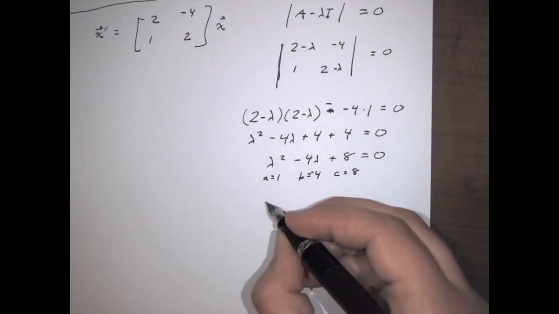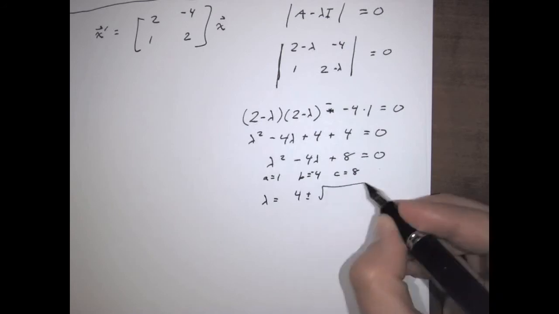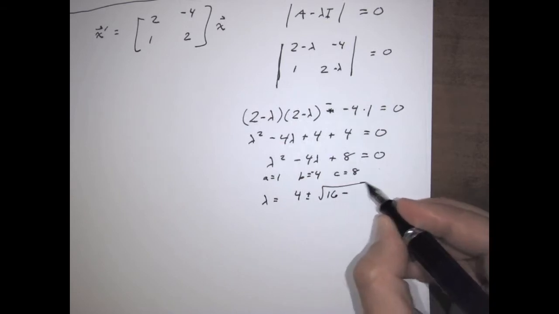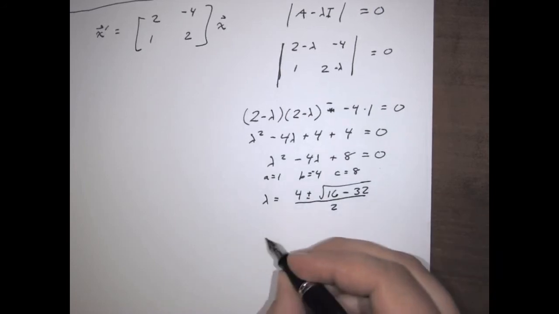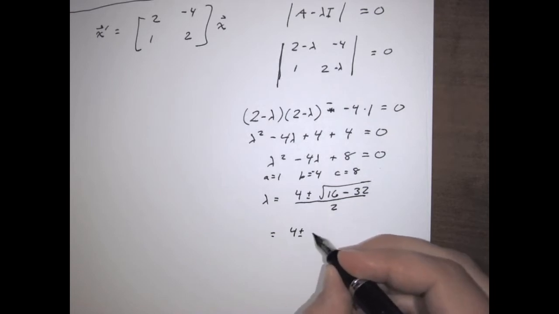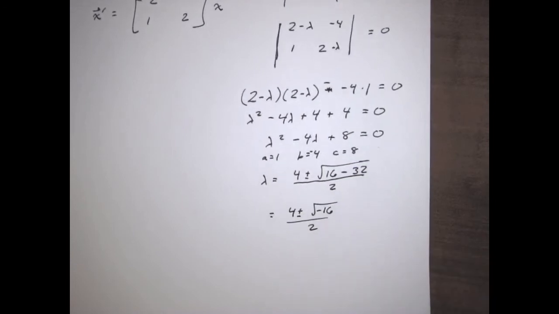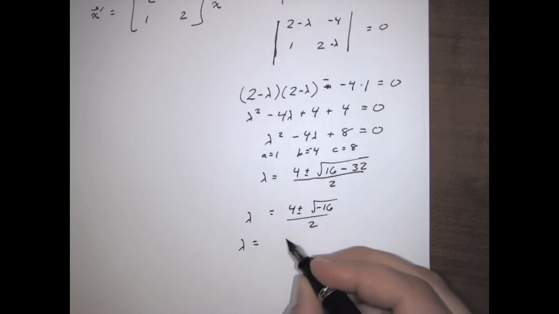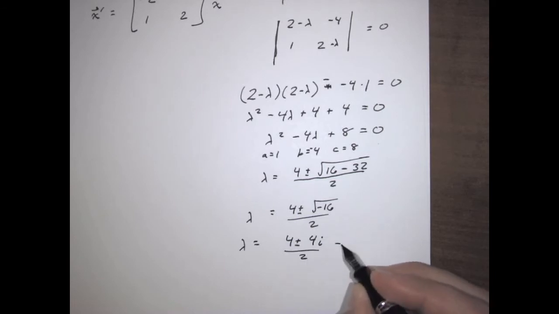And then what that's going to mean is that lambda equals negative B, so it's going to be positive 4, plus minus square root of B squared, 16, minus 4AC, so it's going to be minus 32, all divided by 2A, which is going to be 2. So that's going to be 4 plus minus square root of negative 16 all over 2, which gives us 4 plus minus 4i all over 2, which equals 2 plus minus 2i.